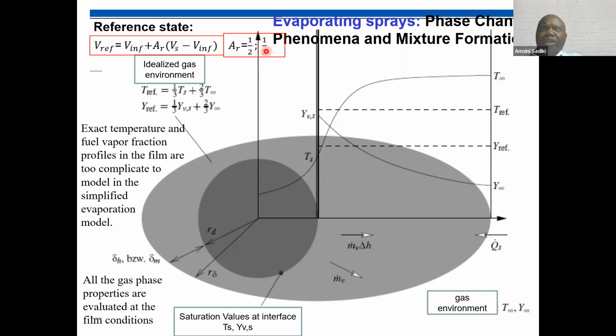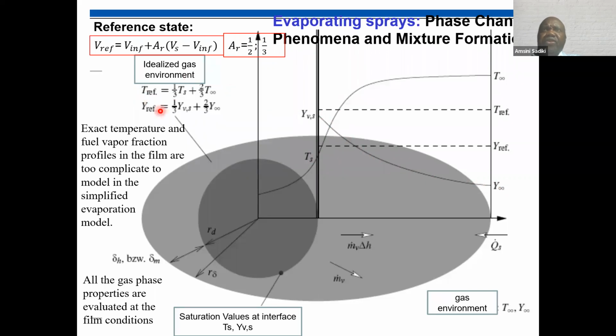We use this one here, and for that, we obtain for the temperature its evolution, and we have this value of the temperature. This is the temperature at infinity, and this is the evolution of the temperature. For the mass fraction, it is decreasing.